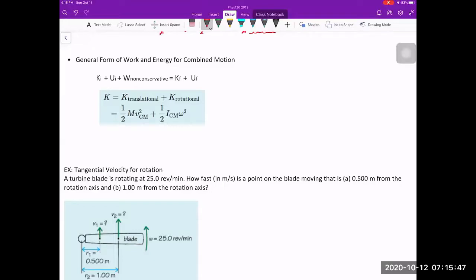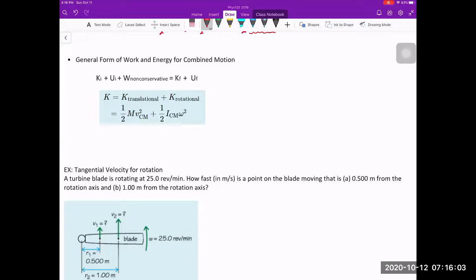So this is the general form because you could have work done on the system if the work is done by a non-conservative force, like friction or an applied force.